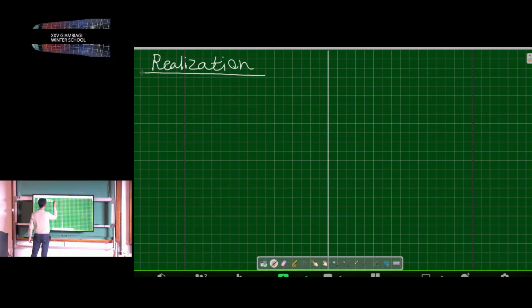The simplest realization is to just use a scalar field, so I'm using a scalar field phi.